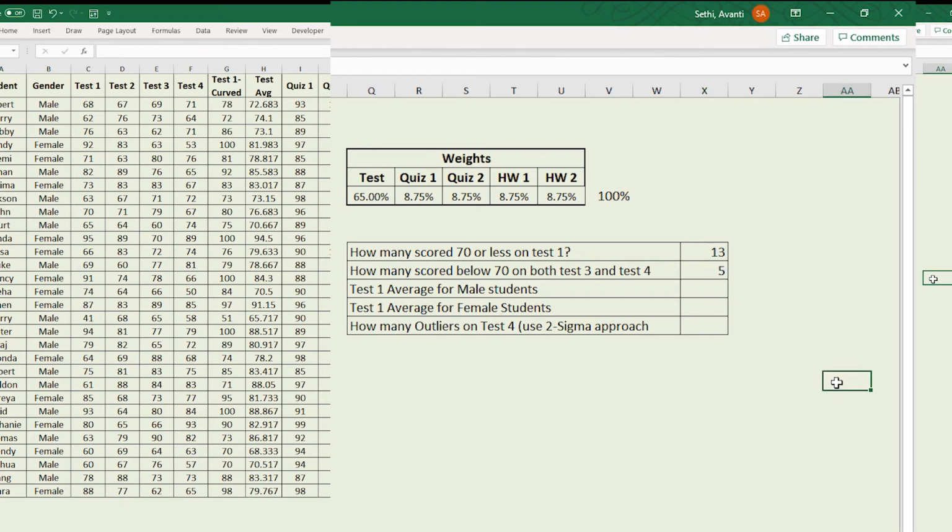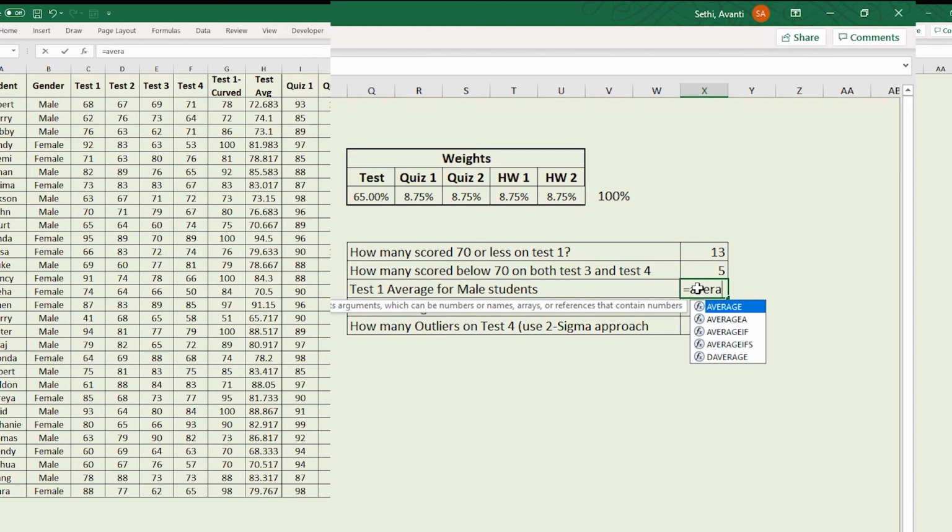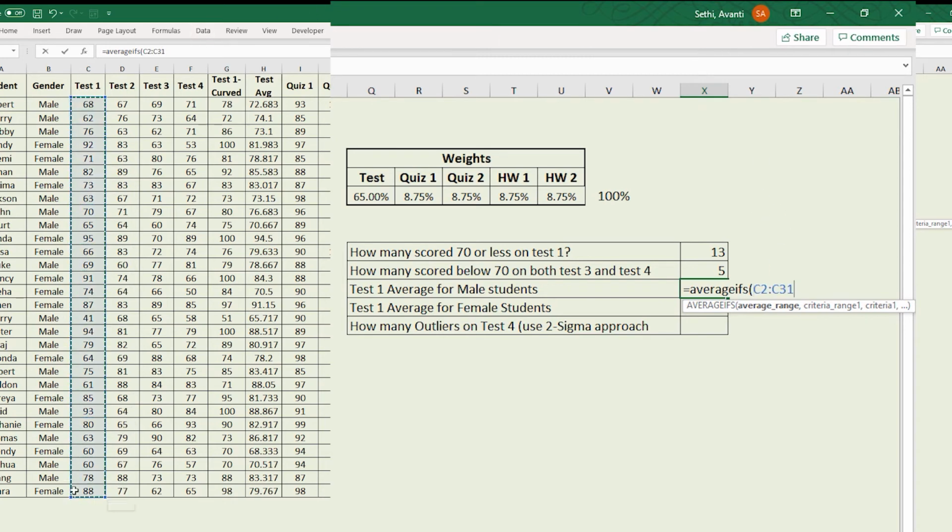So next, test 1 average for male students. For this one, we're going to use AVERAGEIFS. So equal to AVERAGEIFS. The average range, well, we're going to average on test 1, which is here. And criteria range 1 is the gender, and the criteria will be male.